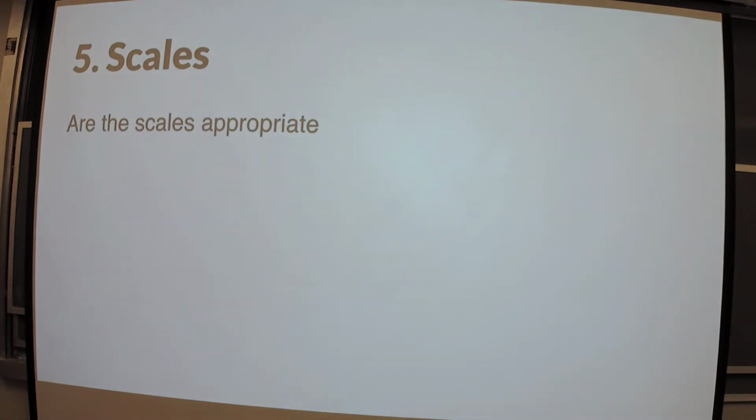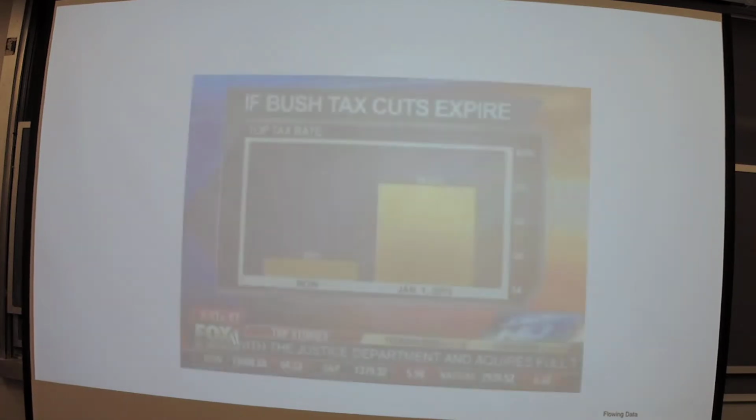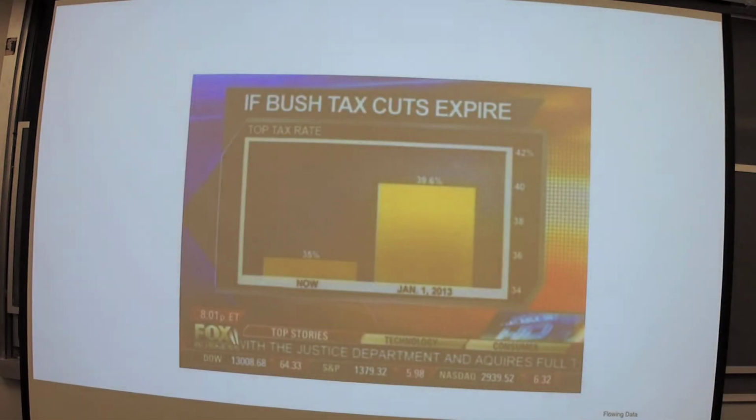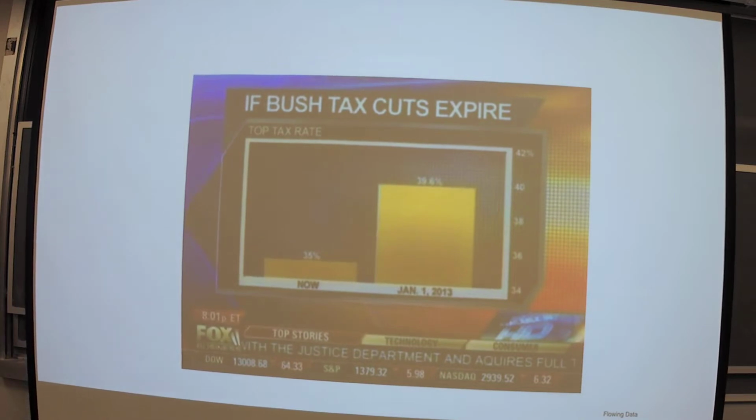The one thing that you frequently see are scales. And this is the whole lecture we talked about when we talked about designs. Are the scales appropriate, right? It's not only whether they start at 0, but whether they are appropriate to show the effect that is in the data. So here in this example, clearly, if the Bush tax cuts expire, the scales are not appropriate because it's overemphasizing the effect.